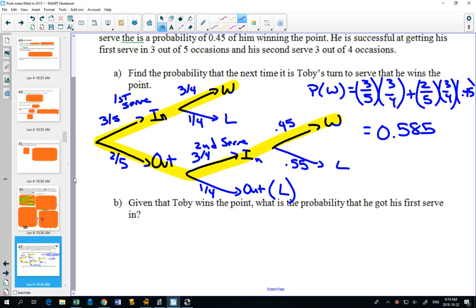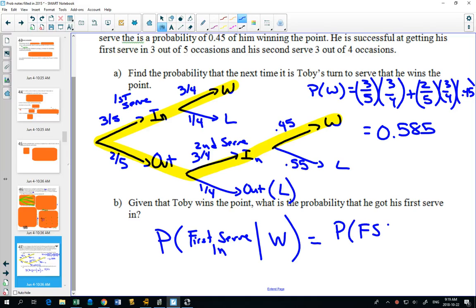How can we write this using our formula? Well, we want to find the probability that we got first serve in, given that he won the point. Our formula says that is the probability of first serve in and win divided by the probability that you win.